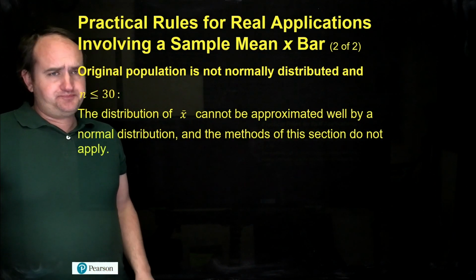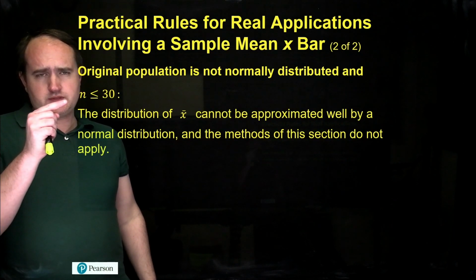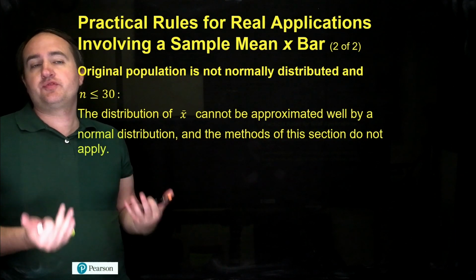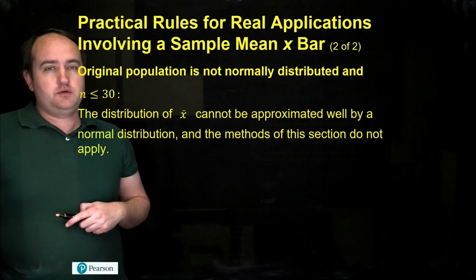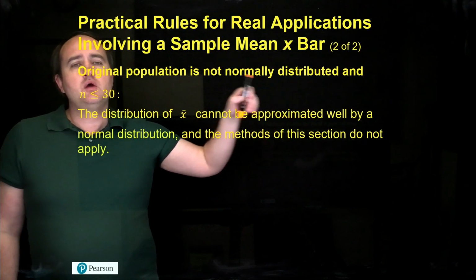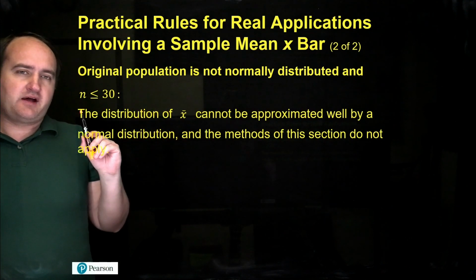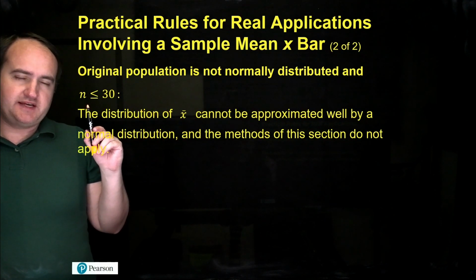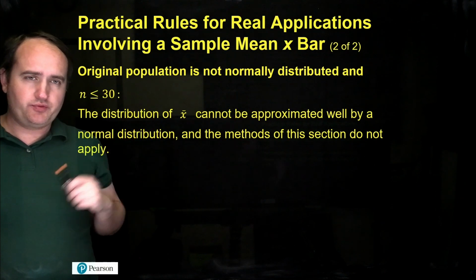And then the only thing to notice is that for this central limit theorem to work, you either need to have the original population be normally distributed, or you need to have n, which is the number of data values, n has to be greater than 30.